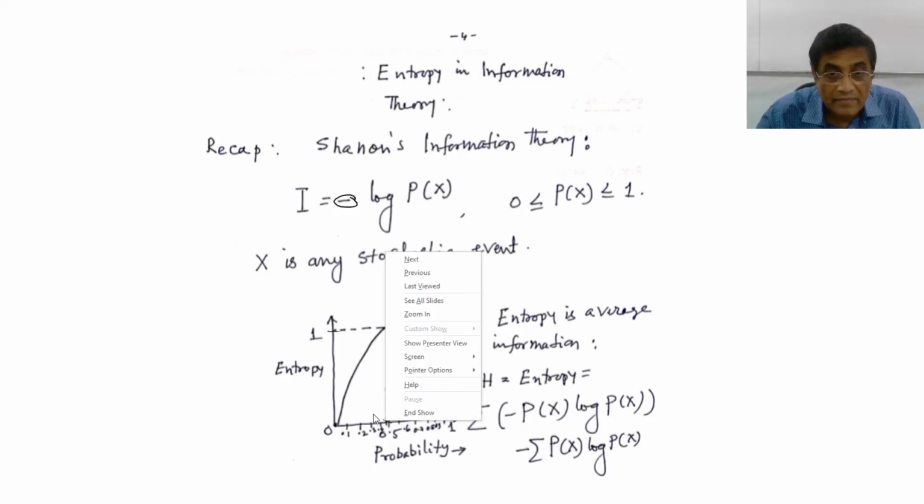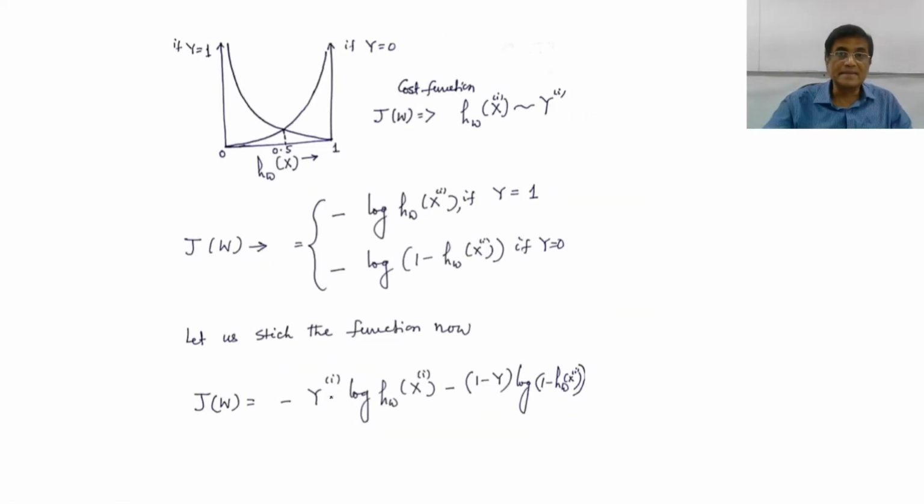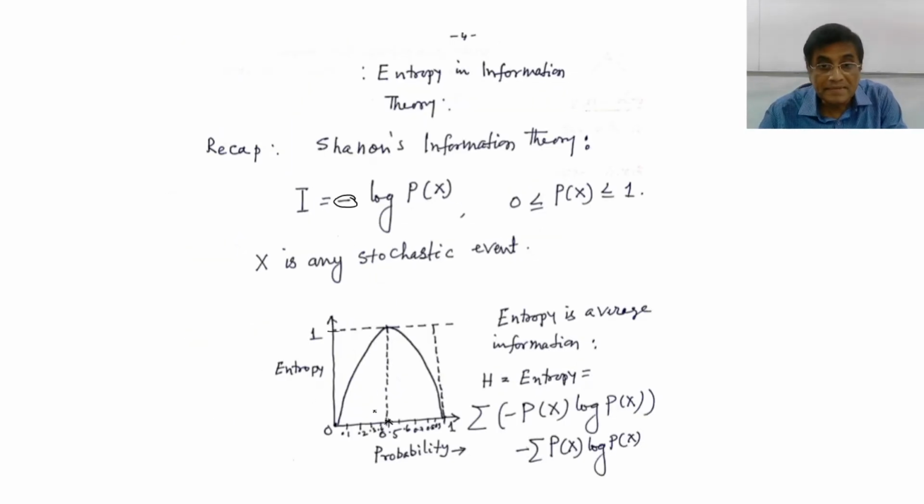At 0.5, entropy is maximum. What does it mean? It means I need to draw a decision boundary for classification. Say I have 2 classes. I would like to draw a decision boundary like this.